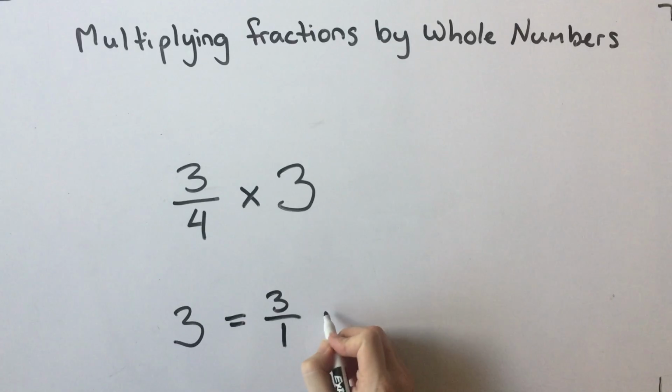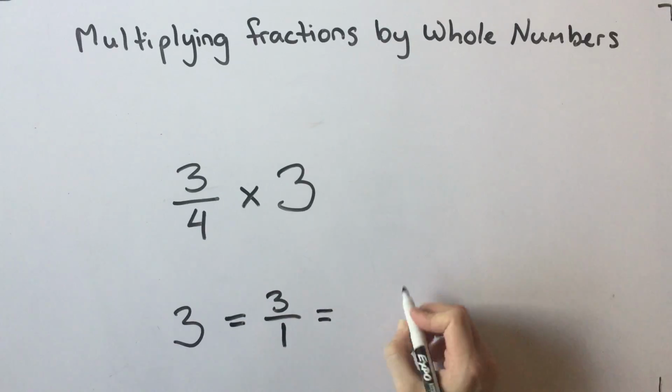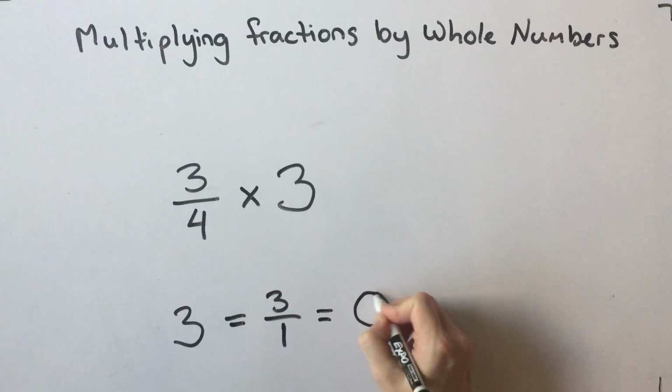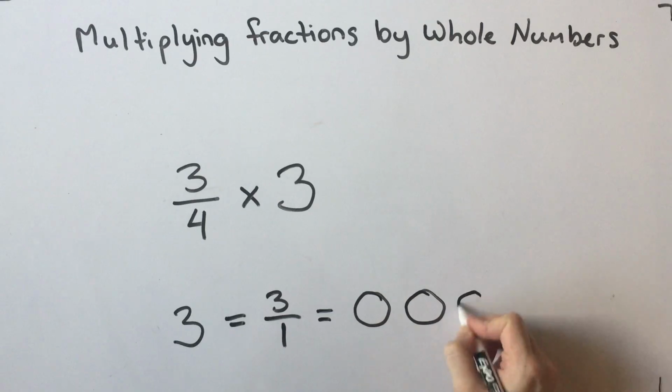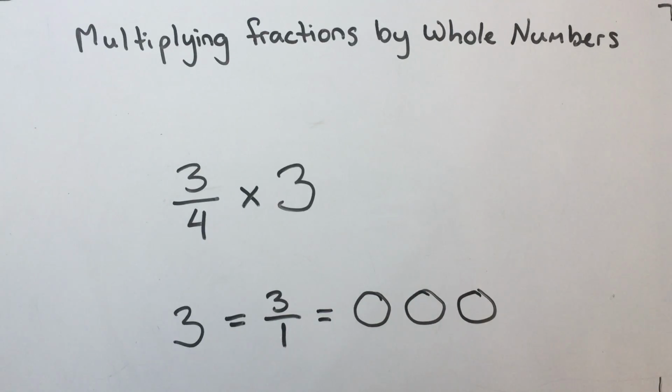If you think about that, that's the same thing as 3 wholes. So 1, 2, 3 wholes. So that's 3 whole things. So we can write that as 3/1.